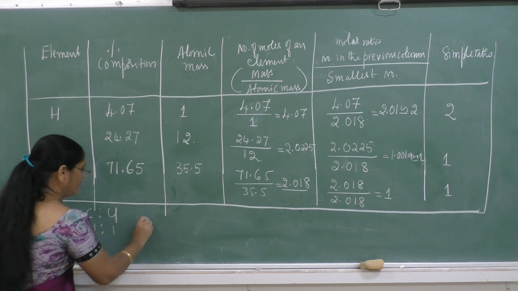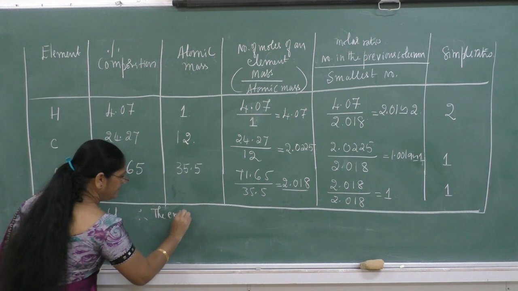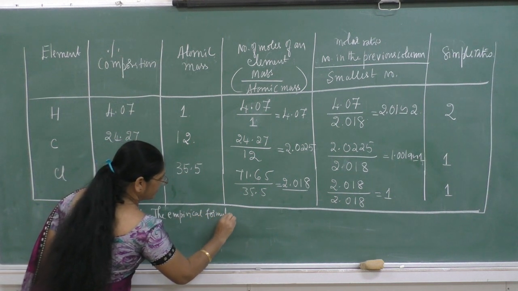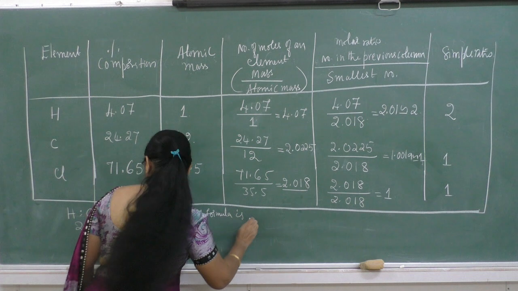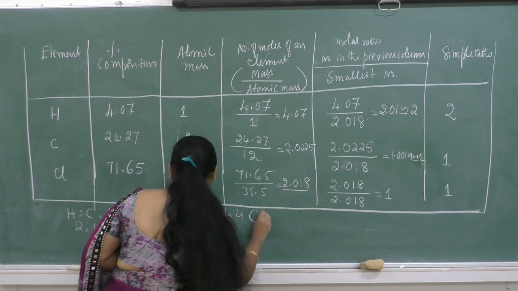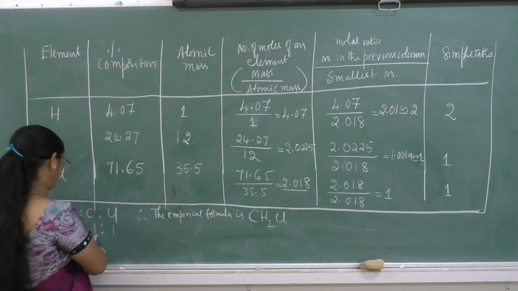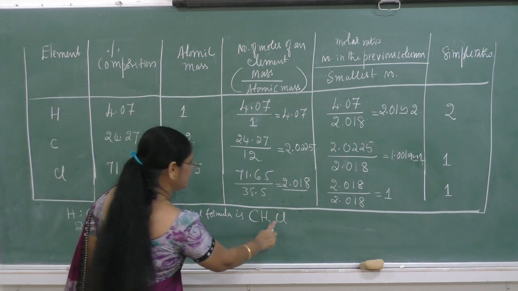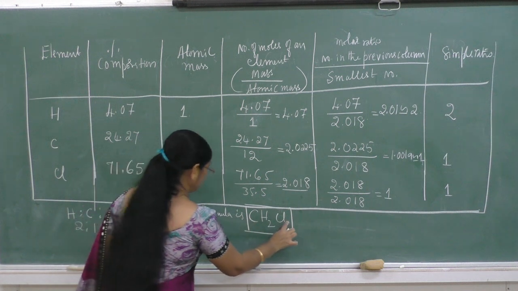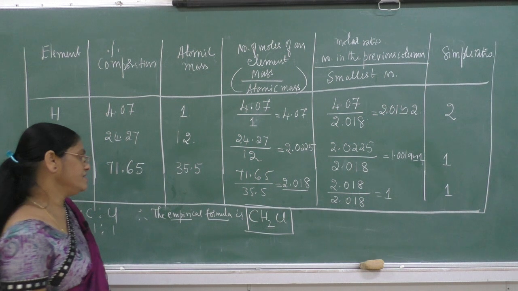So the empirical formula is CH2Cl. There is 1 carbon, 2 hydrogen atoms and 1 chlorine atom. So CH2Cl is the empirical formula of the given compound.